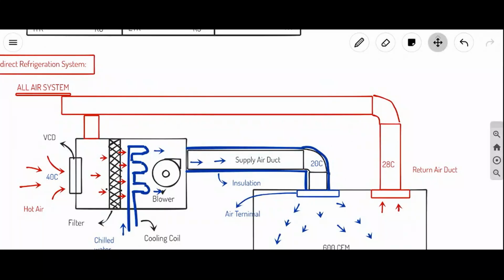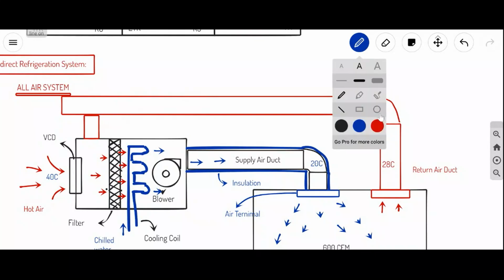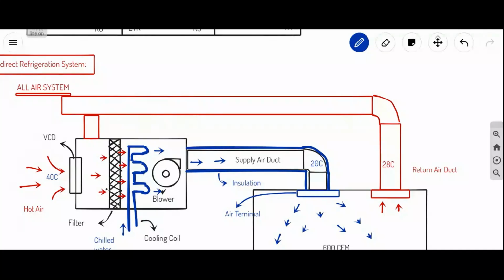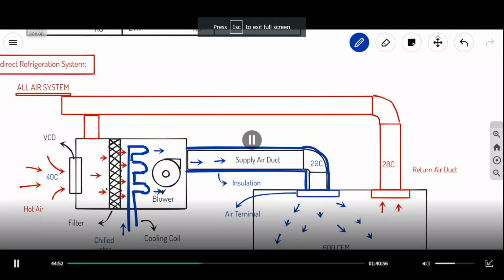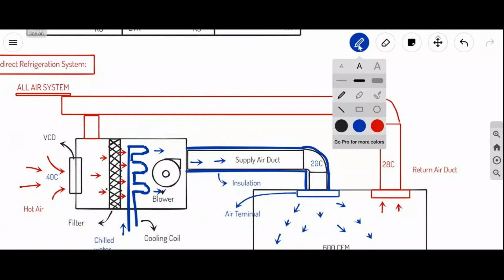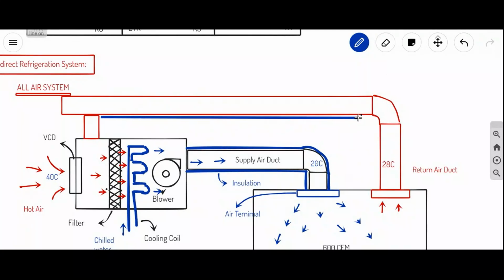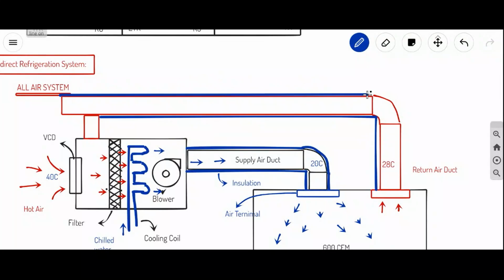To protect this air temperature, again we need to insulate the duct.